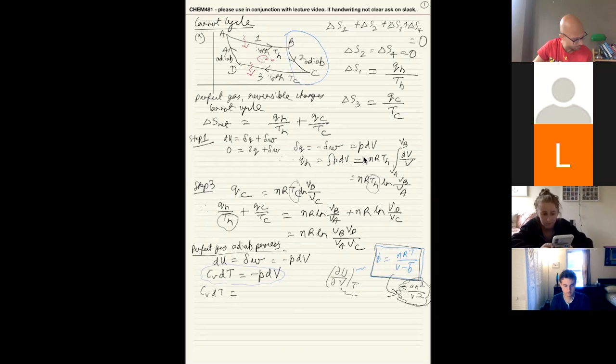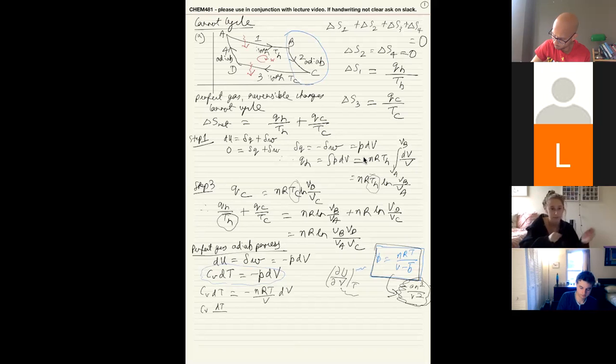So we have CV dT is equal to minus P dV. PV is equal to nRT, right? So P is equal to nRT by V. So CV dT by T is equal to minus nR dV by V. We integrate this.